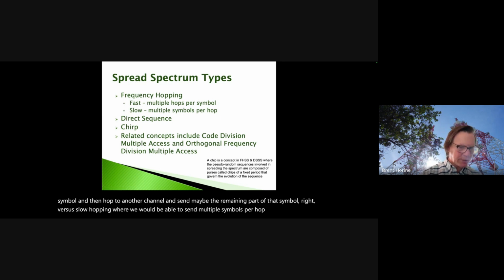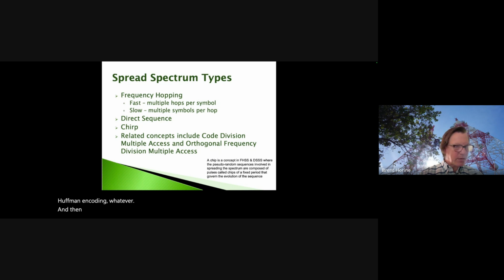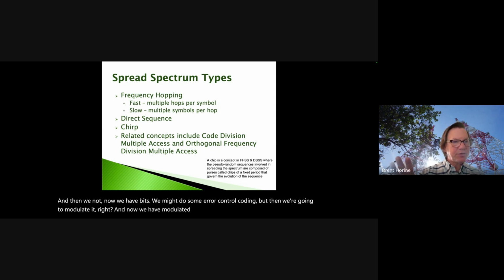So we look at our transmitter, we're going to take our data and maybe we source encode that using Huffman encoding, whatever, and now we have bits. We might do some error control coding, but then we're going to modulate it, right? And now we have modulated symbols. Instead of just transmitting those symbols at a single frequency, we're going to take those symbols and send them over multiple frequencies.